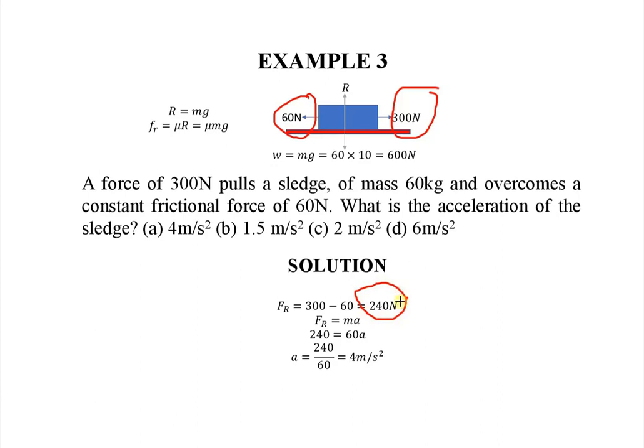That is the resultant force. But resultant force is equal to MA, that is mass times acceleration. So we have 240, the resultant force, equals what? 60 kg, which is the mass of the body, times the what? The acceleration. From there, we get our acceleration to be 4 meters per second squared.